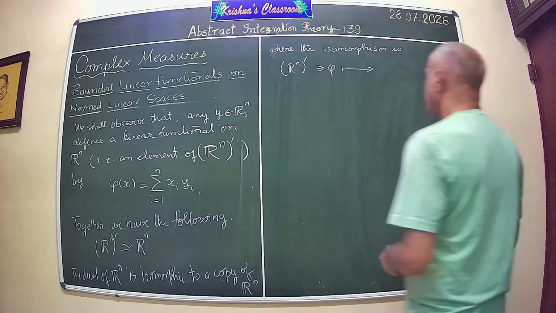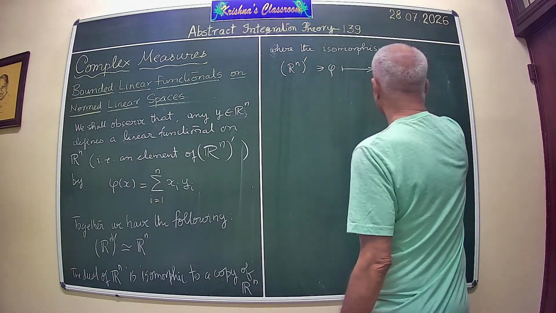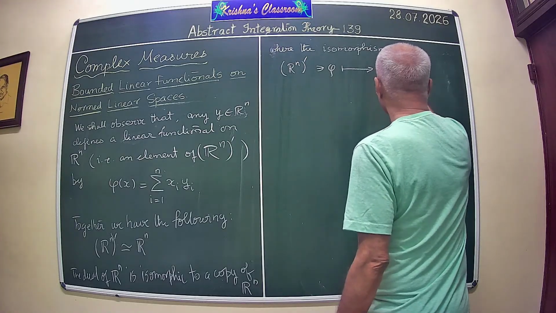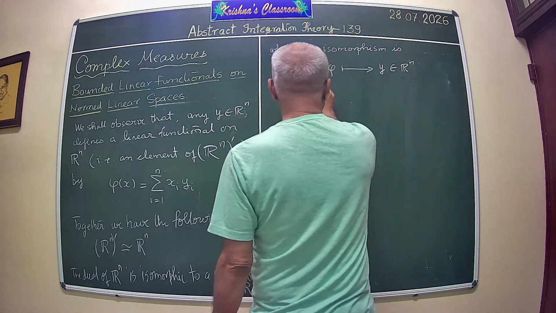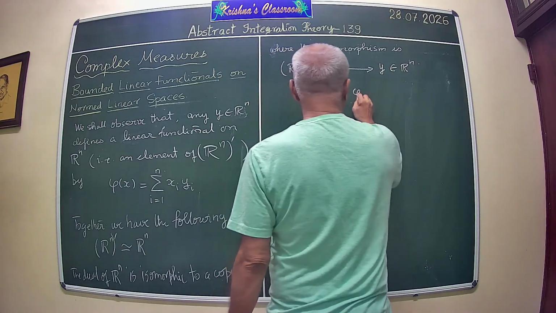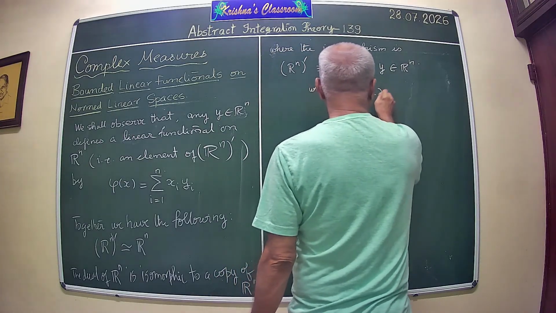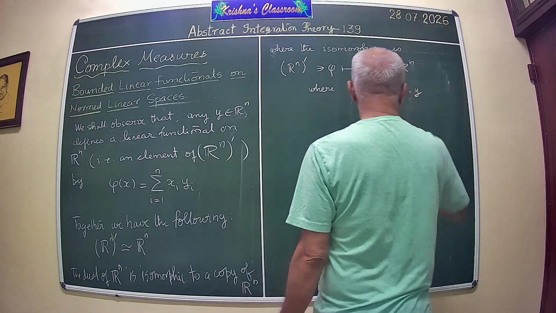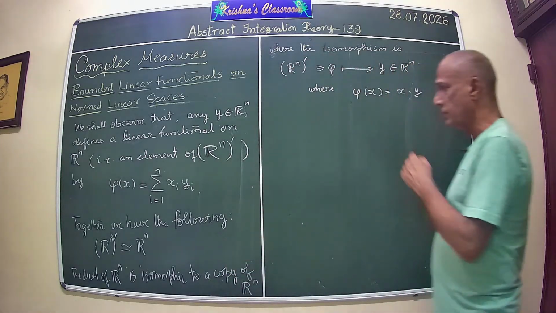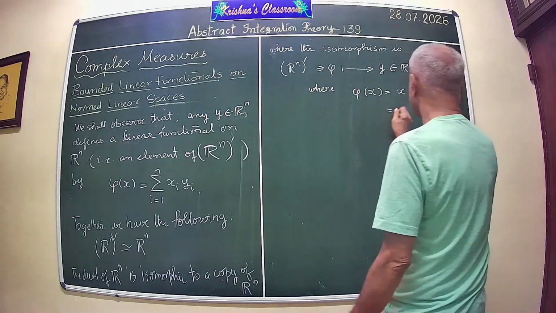This corresponds to the usual dot product, which is equal to sigma xi yi.